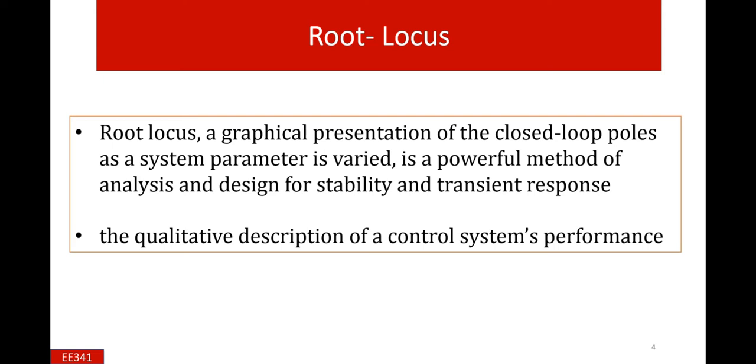When we find the root locus, we can visualize the aspects related to K and how these effects help us understand the transient response and the stability. Actually, it is the qualitative description of the control systems.